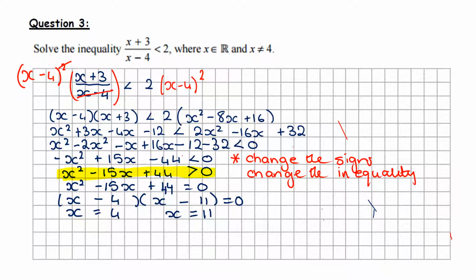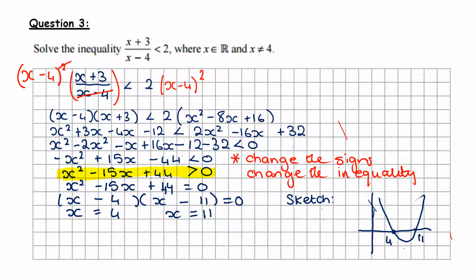So now for our sketch, there's our 4, and here's our 11. So we're trying to find where it's greater than 0.